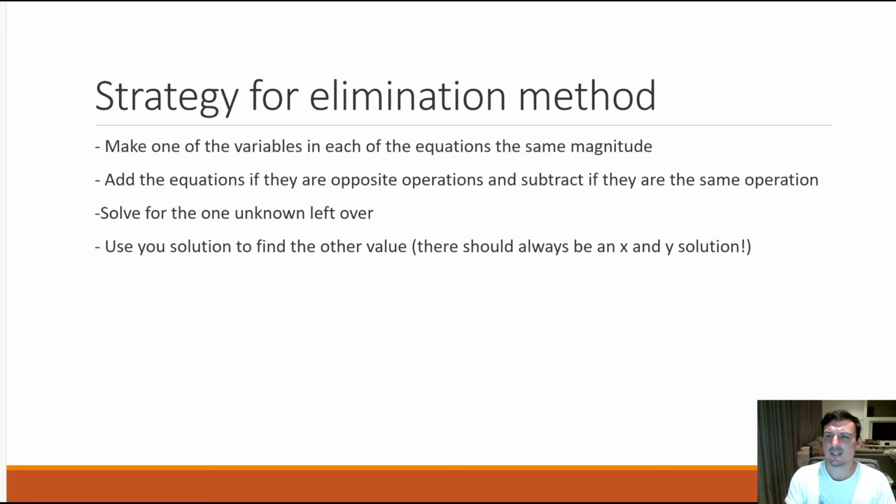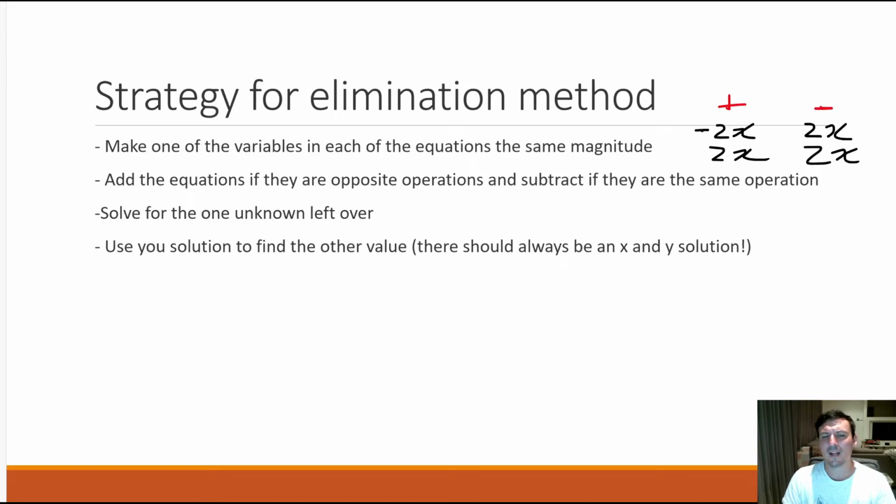So we could make it negative 2x and 2x, or we make them 2x and 2x. So either opposites or the same. 2. Add the equations if they are opposite operations, and subtract if they are the same operations. So if they look like this, we are going to add them. If they look like this, we're going to subtract them.